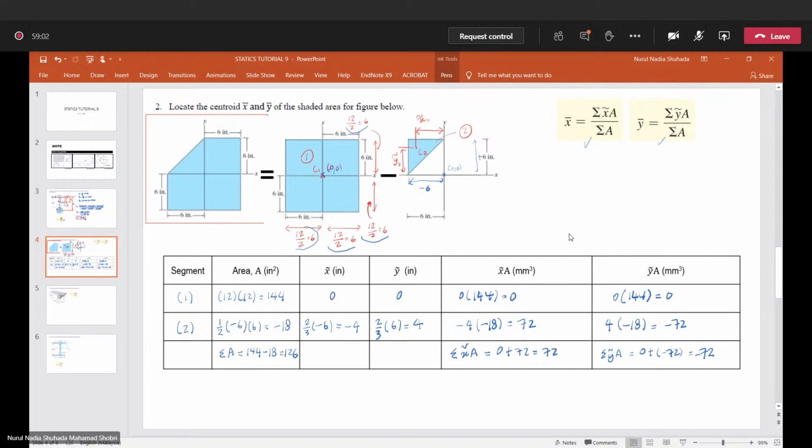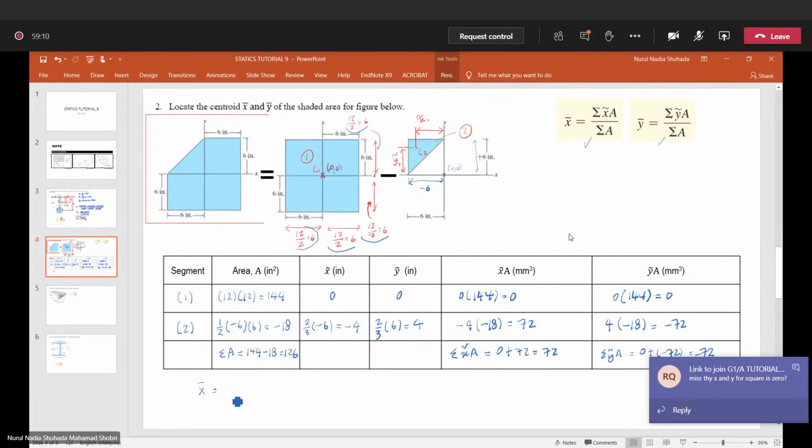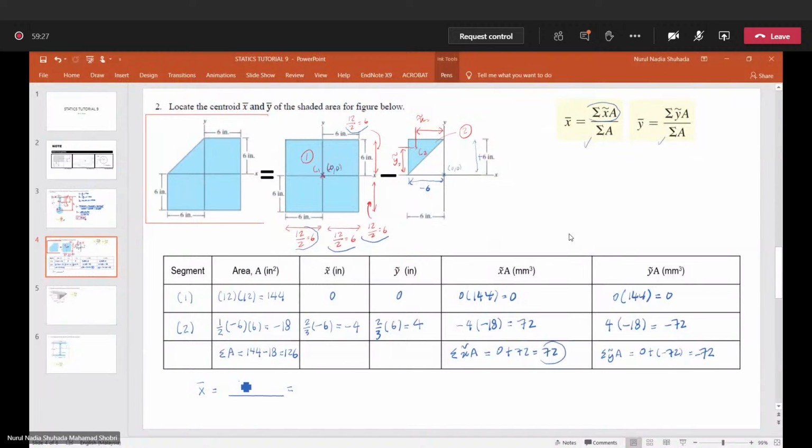For the calculation of centroid x, this value here is +72, and the total area is here, 126.